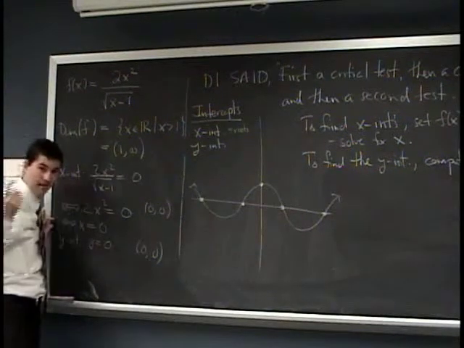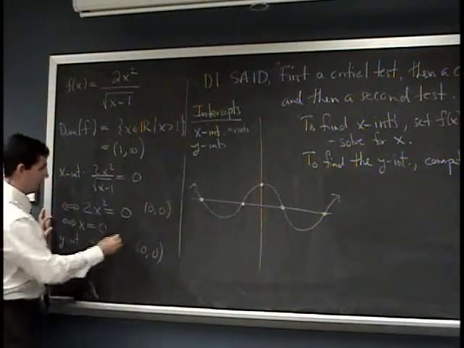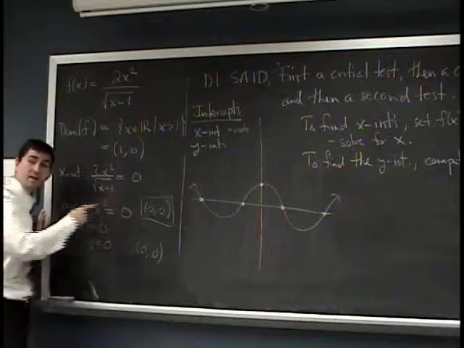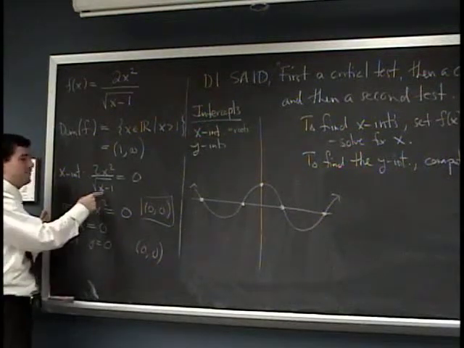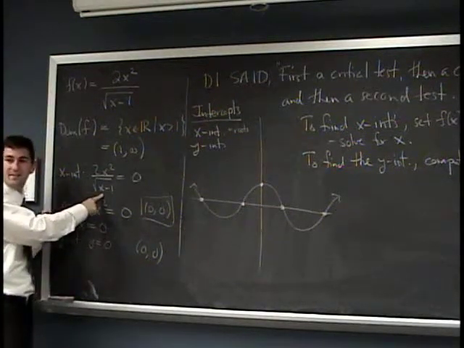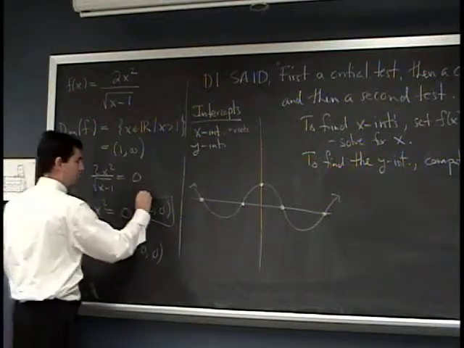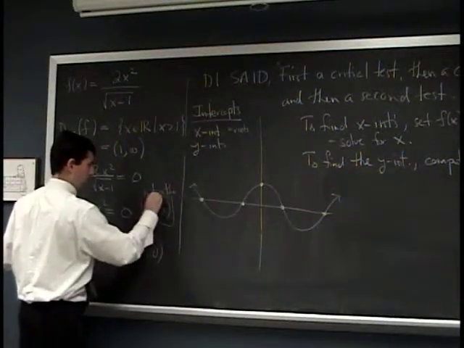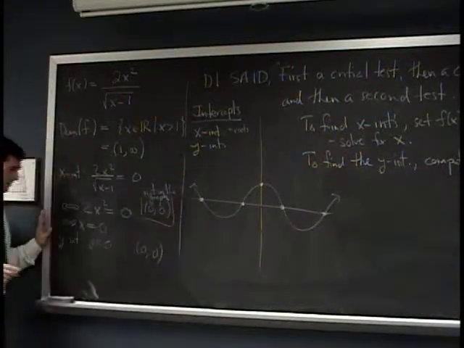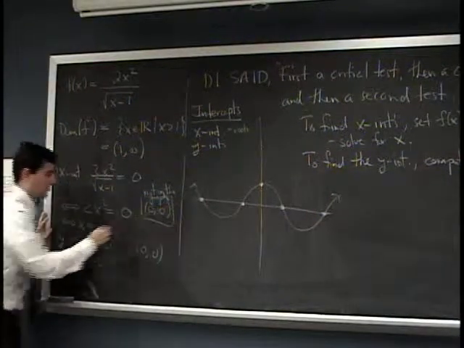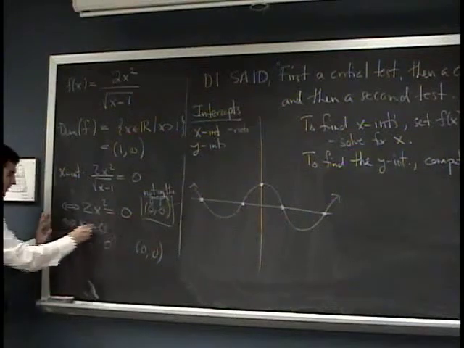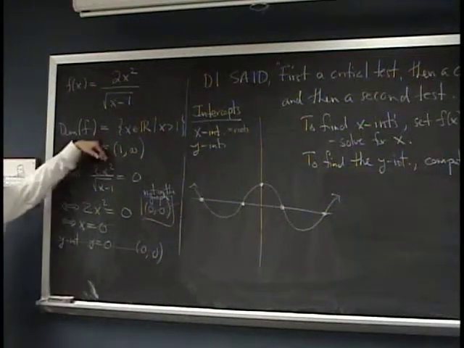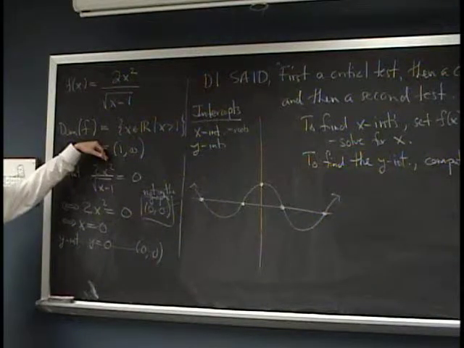So neither of these, well, they're the same thing. This would be the x-intercept if it made sense, but it doesn't even make sense. So this is not on the graph. That means this one gets thrown out, and for the same reason the y-intercept gets thrown out, because it's not even in the domain of the function. Excellent observation.